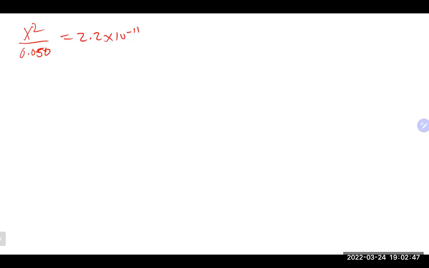We're going to multiply to the other side and also take the square root of it. And if we do, we end up with an X value of 1.05 times 10 to the minus 6, which if we check by dividing by 0.05 and multiplying by 100, this one though is a happy check here as it all worked out.